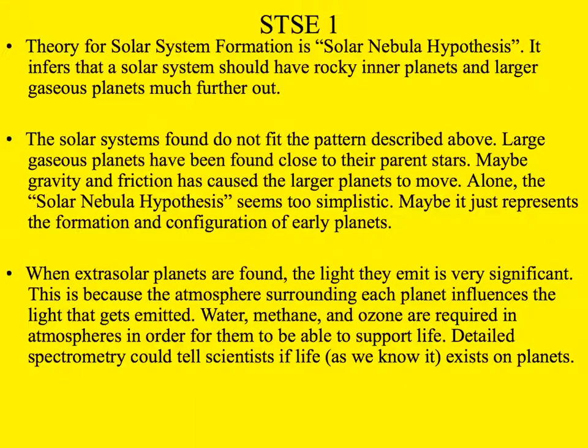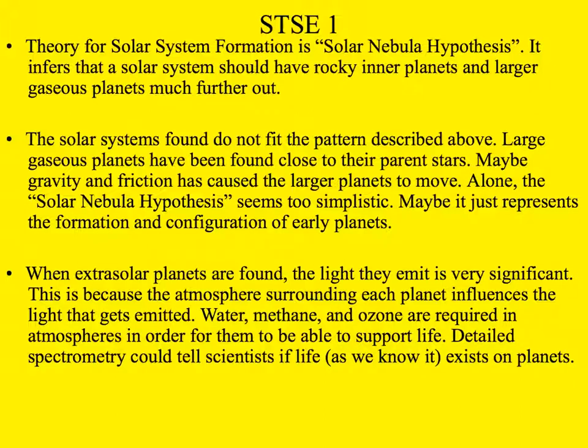The theory for solar nebula formation is the solar nebula hypothesis, which we already talked about in a previous video. It infers that a solar system should have rocky inner planets towards the inside, and the larger gaseous planets should be much further out. So if you can visualize what stage 4 of the solar nebula hypothesis looked like, you'll remember that all the rocky planets like Earth and Venus and Mercury were closer to the star, and the larger planets like Jupiter and Saturn were further out.